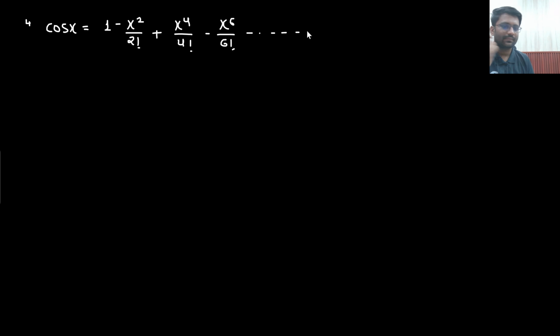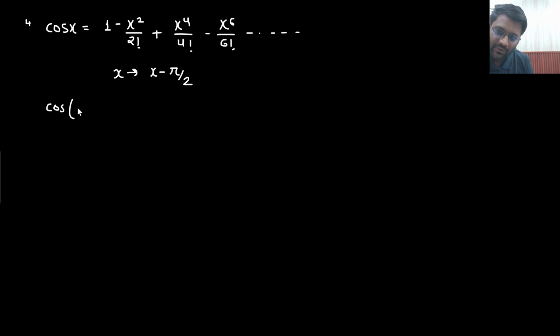Basically, if I write down the expansion of cos x first, what is that? 1 minus x square by 2 plus x to the power 4 divided by 4 minus x to the power 6 divided by 6. Now sir, what do I do? In place of x, I put x minus pi by 2.